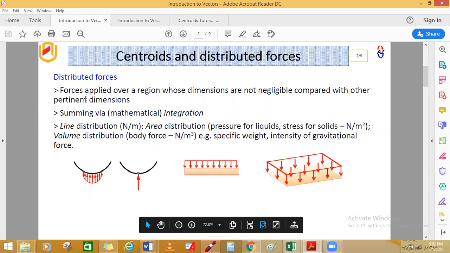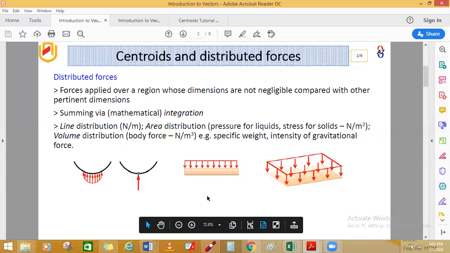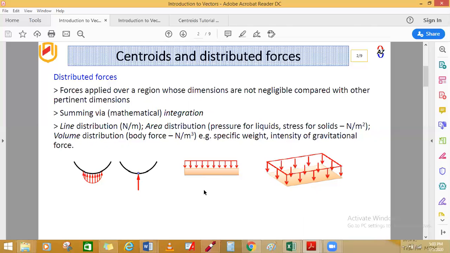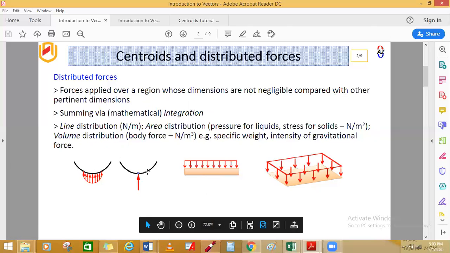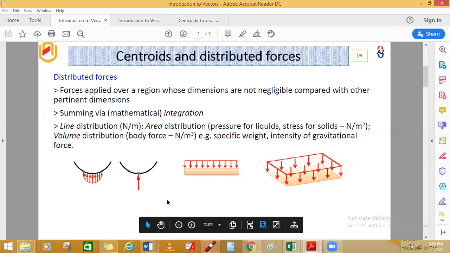What they're saying about distributed forces is that they are forces applied over a region whose dimensions are not negligible compared to other pertinent dimensions. When it comes to distribution of forces, what you want to know is the total force applied on the entire surface of that object, whether it's a line, a two-dimensional surface, or a three-dimensional object with forces from all three axes.